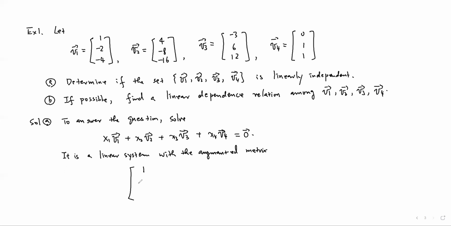So 1, -2, -4, vector v1. Second column, coefficients of the unknown x2. It is vector v2. The third column, vector v3. The fourth column is this. Then right-hand side, 0.